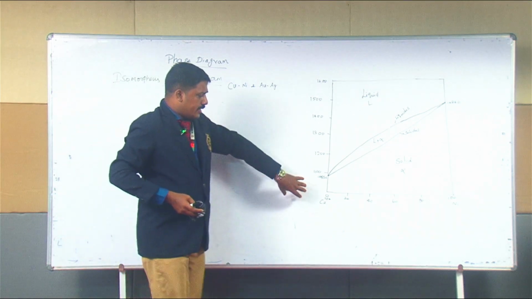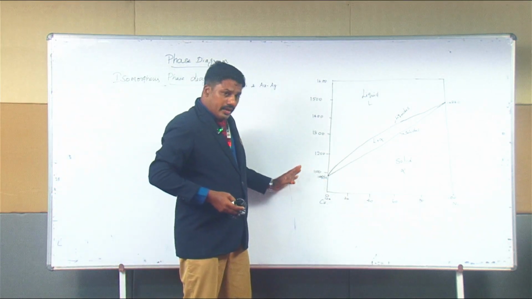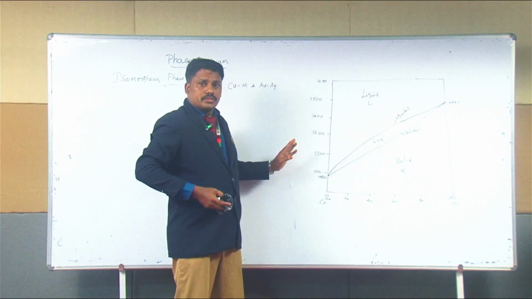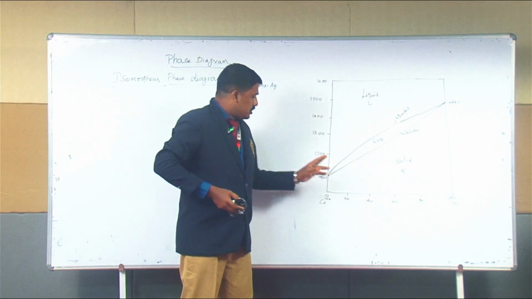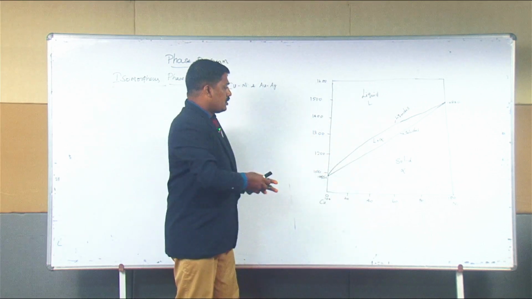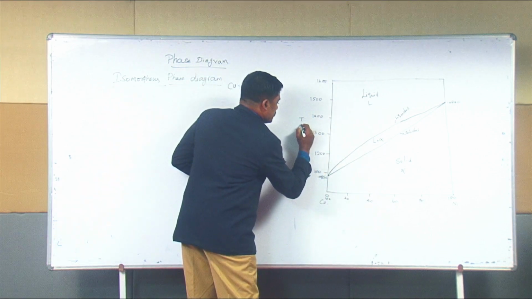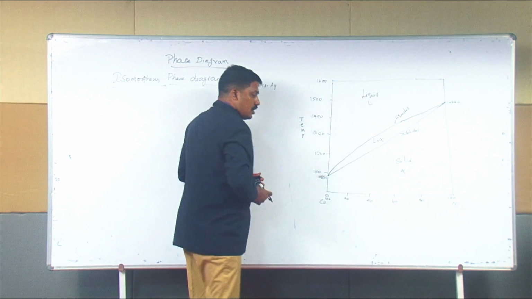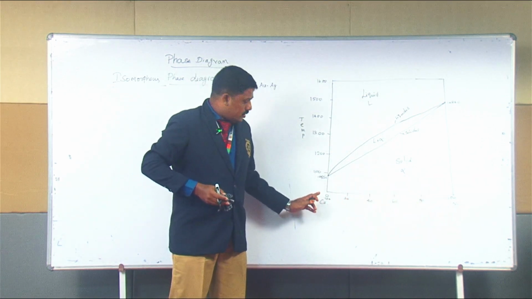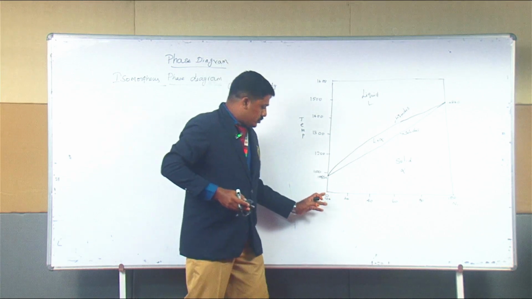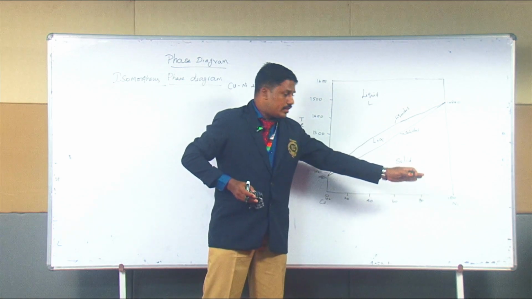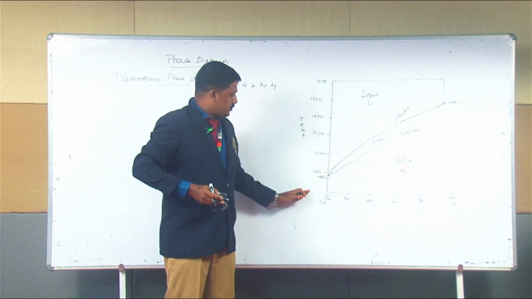In binary phase diagrams, the diagram is drawn using composition and temperature. Temperature is taken along the x-axis and composition along the y-axis. The amount of copper varies from 100 to 0 from left to right, and nickel varies from right to left.